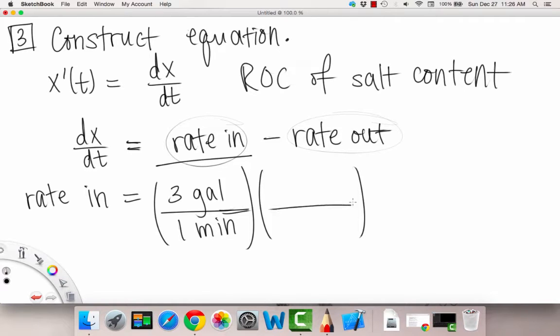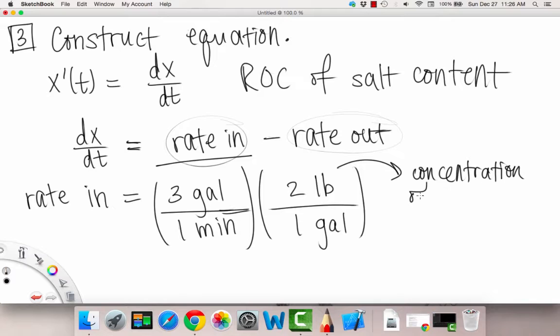And the given concentration was 2 pounds per 1 gallon. That was the concentration. I'll just write it here. So this thing here is the concentration of our solution, of the new solution being poured into our tank, all right?